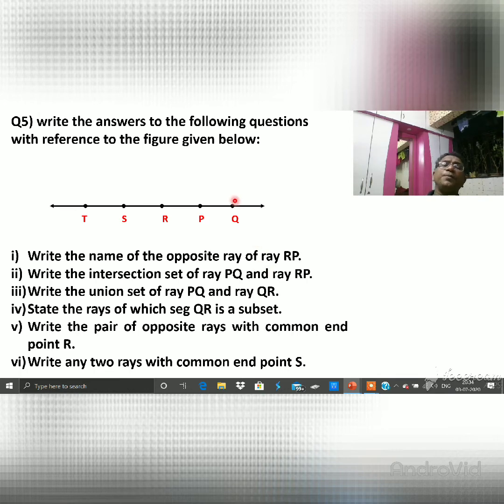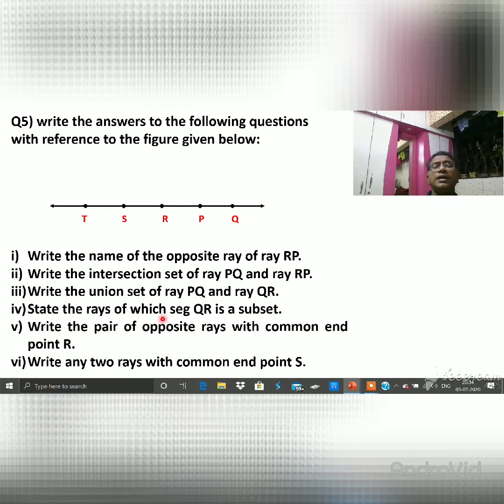It started from Q, and the R portion is unlimited. So here at point Q it is unlimited by PQ, and here in QR, R is unlimited. That means both portions are unlimited. So it is a line. So the union of PQ and QR gives you line QR, or another way you can say line RQ. Is that clear?